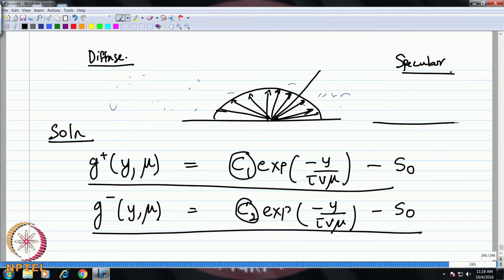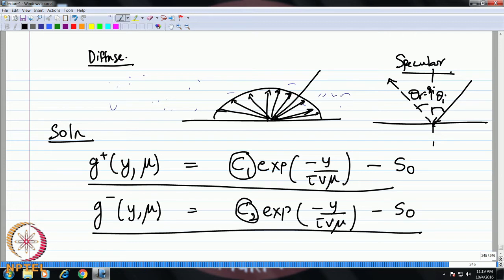Okay. You can imagine the surface to be very smooth, like a mirror finish, and therefore, if a particular electron or phonon comes and makes an angle theta i, this is your incident angle, it gets reflected in such a way that theta r is equal to theta i, and it gets reflected only in the same direction.